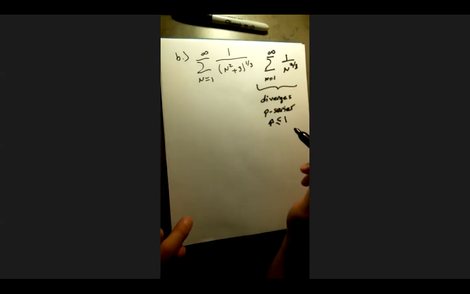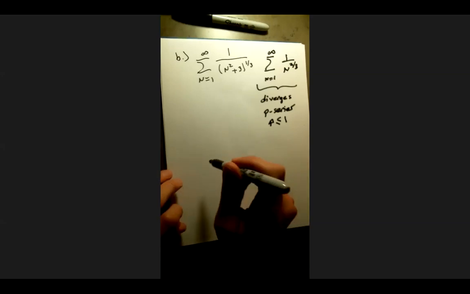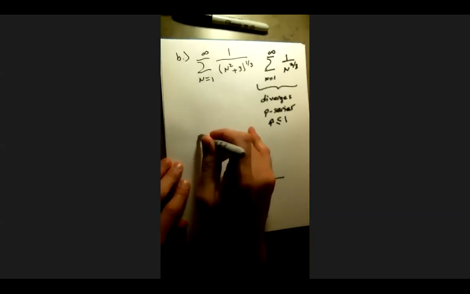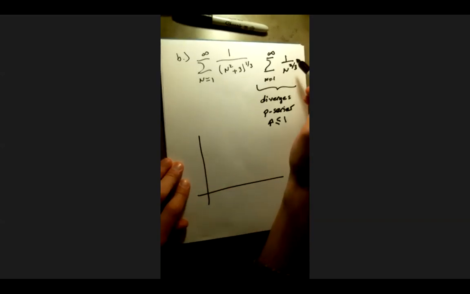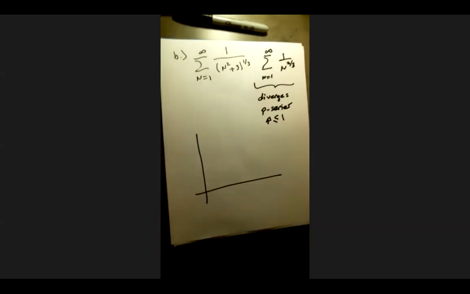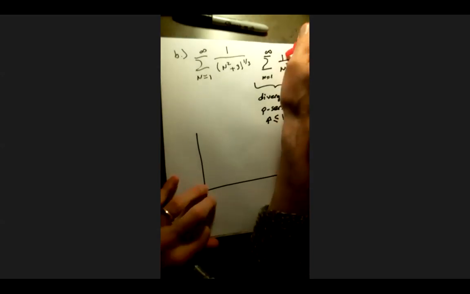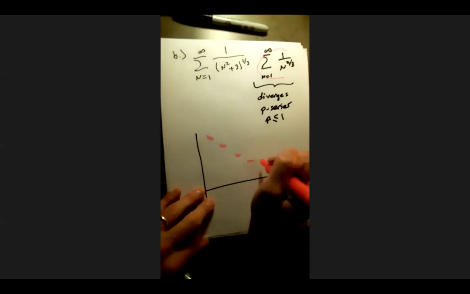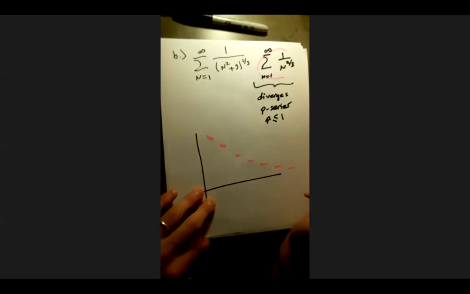So in this case, if you think about it graphically, we have this series 1 over n to the 2/3, which, if I think about this one as being pink, is going to come in like this, and we're going to add up all those terms.